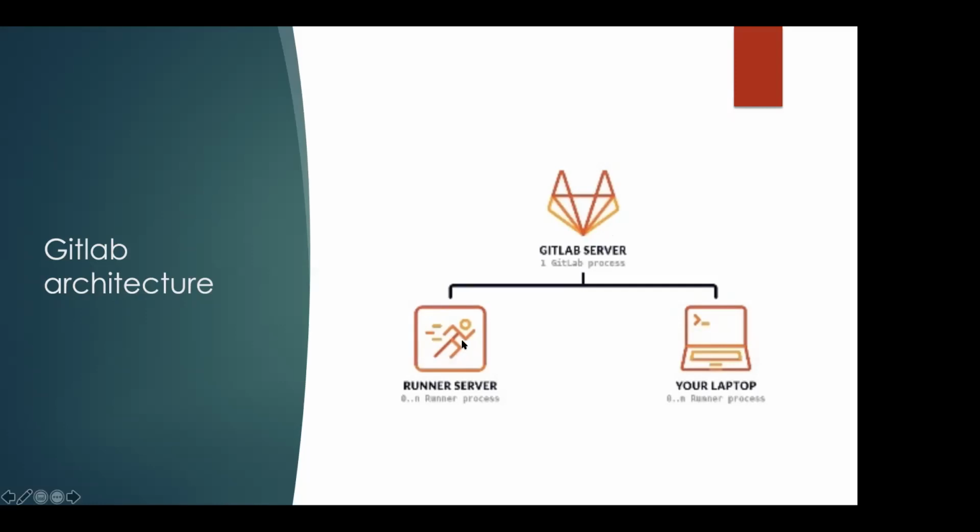Now, a GitLab runner can either work on your system, that is on your laptop, or it can be used on the GitLab side. So it depends on your project requirement.